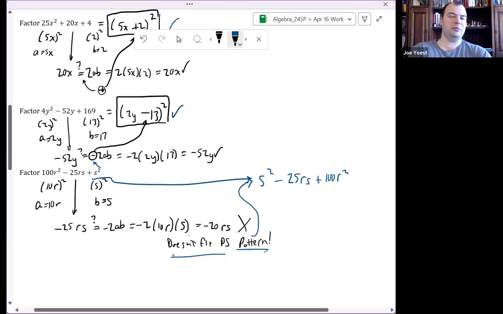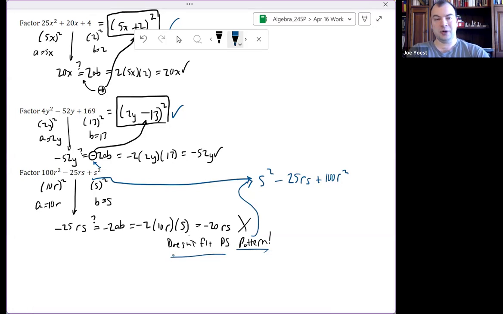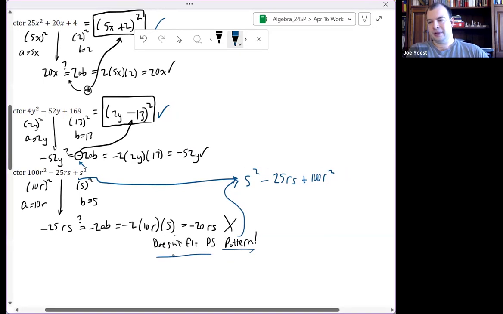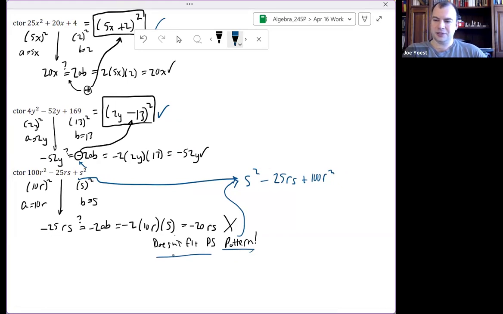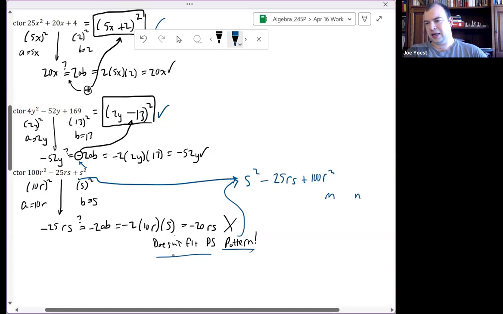How might it factor? Well, we might think back to our previous couple sections. We saw before that if I have a pattern like this, I can kind of ignore the r's, and I can look for an m and n that multiply to 100 and that add to minus 25.